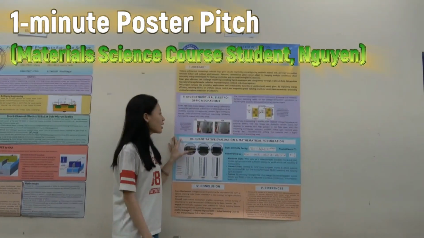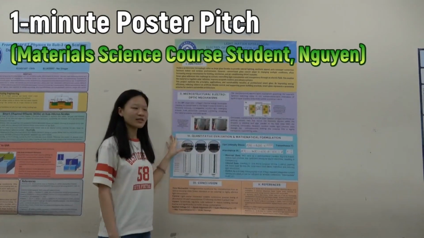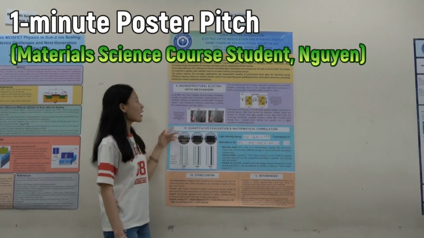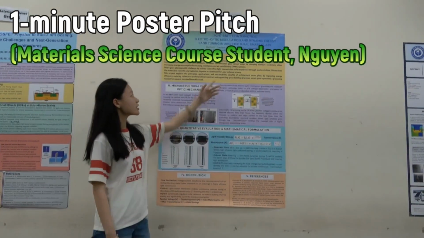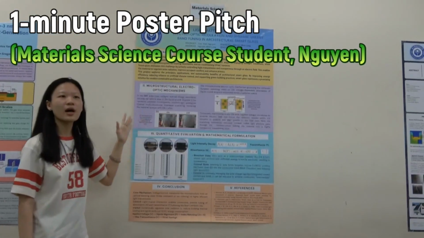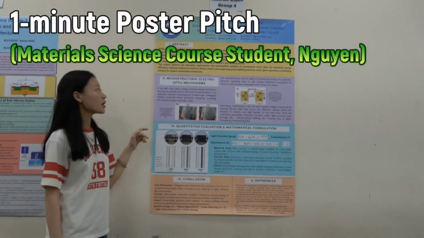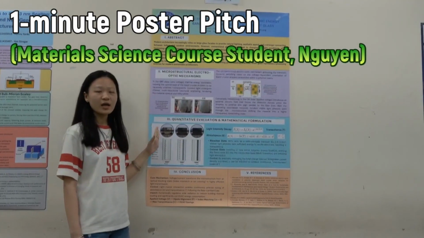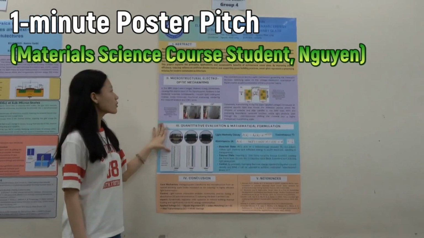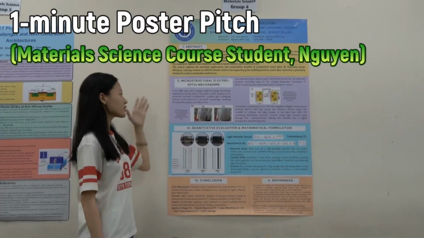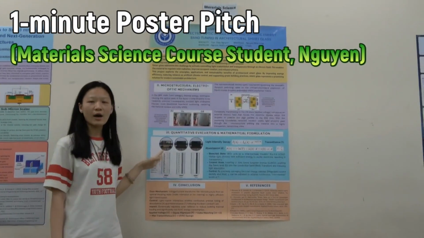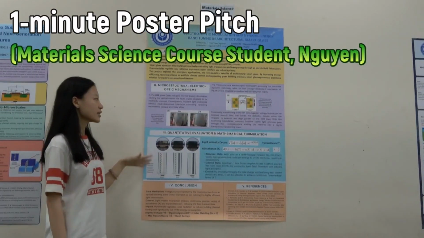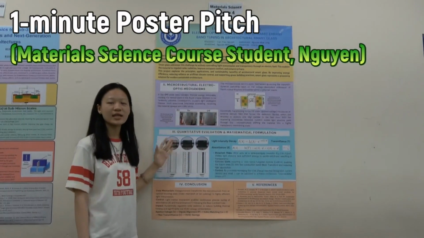Conventional glass buildings waste too much energy on cooling. To fix this, our poster introduces architectural smart glass, which uses an electric field to control light and heat. To be specific, we show how liquid crystal droplets align under applied voltage to switch glass from opaque to transparent.